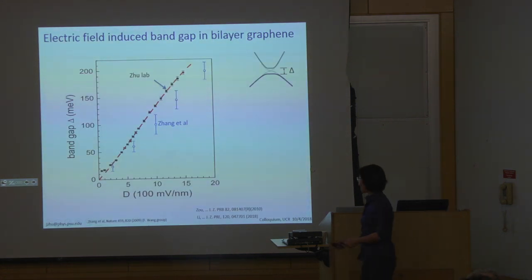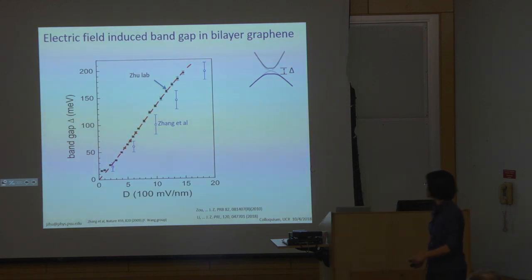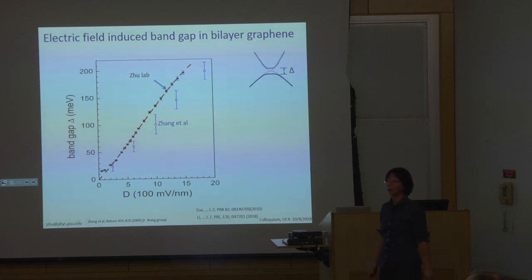So in fact, this gap scales almost linearly with the applied electric field, the displacement field, and could go all the way up to about 250 meV. 250 meV, that is a pretty big gap. If you could put your wires inside that gap, right? So that's something that we hope to do. Yeah. So we measured this with transport, earlier samples on SiO2, cleaner samples sandwiched in between BN.